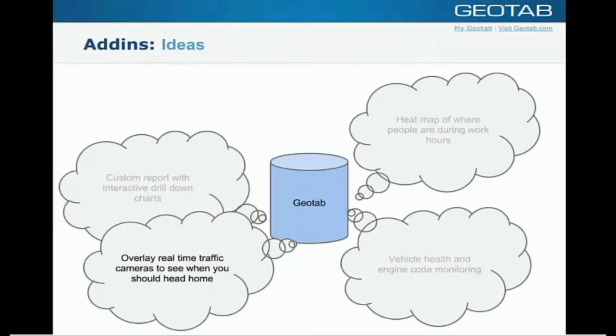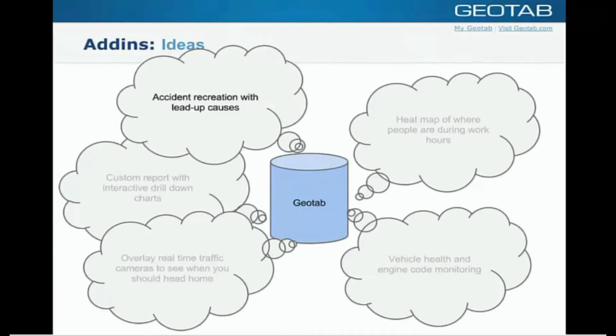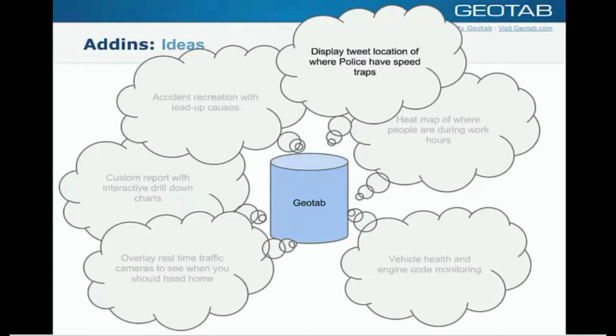You could overlay real-time traffic cameras to see when you should head home. You could recreate accidents with lead-up causes and see what happened a couple weeks ago that led to a crash. Or you could display tweets of where police have set up their speed traps. It's really up to you, it's a blank canvas. A lot of people have made some really interesting things, and we're excited to see where this goes.